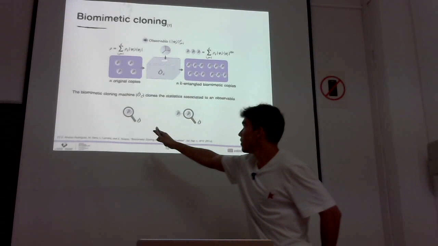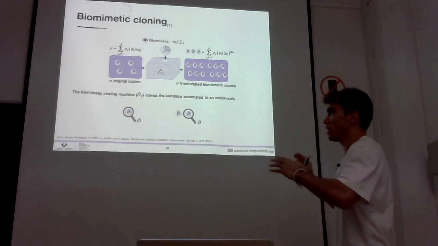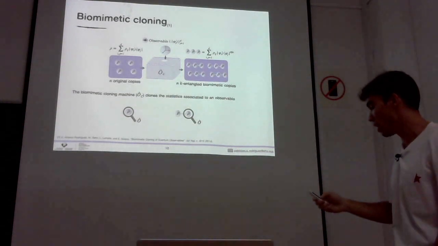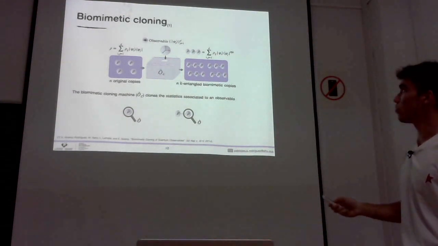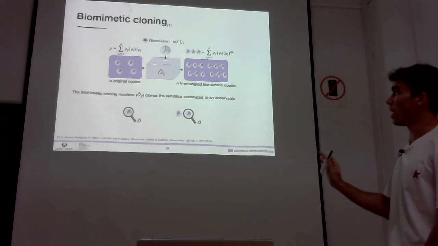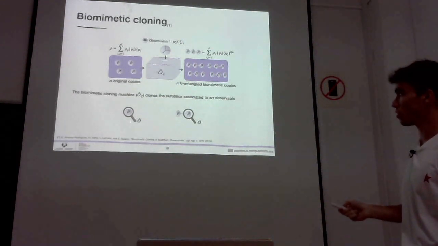So this and this are the same. This is why this is called cloning. So we are cloning the statistics associated to some observable. And I emphasize that to perform this operation, what I need is to choose a basis. And what we choose is the basis of some observable.